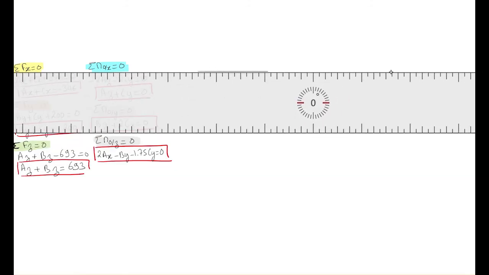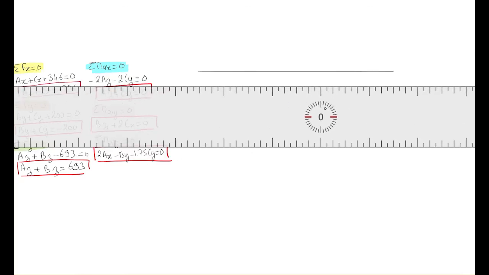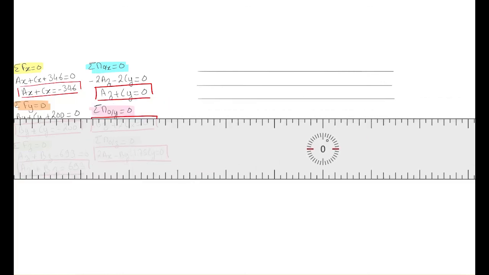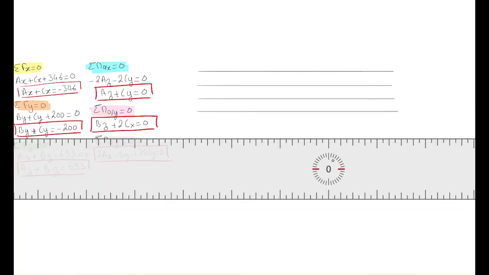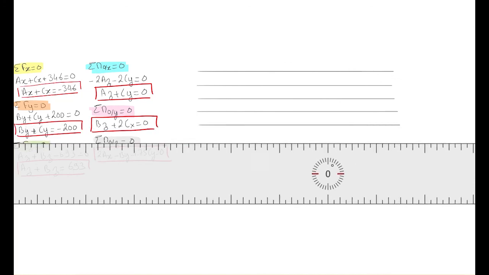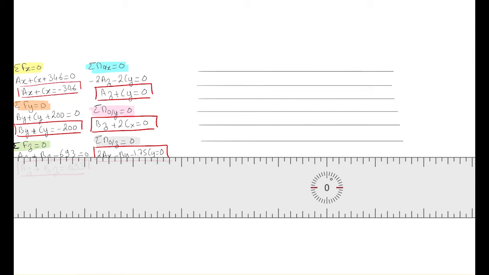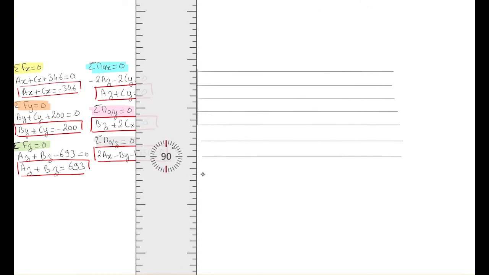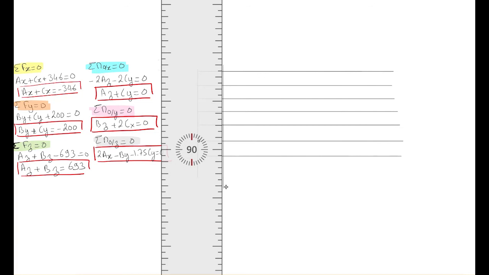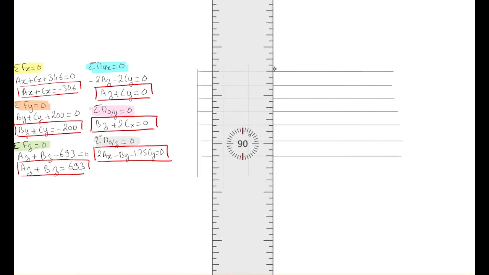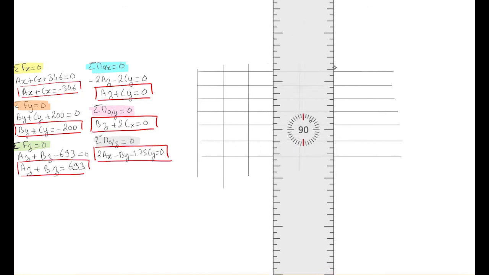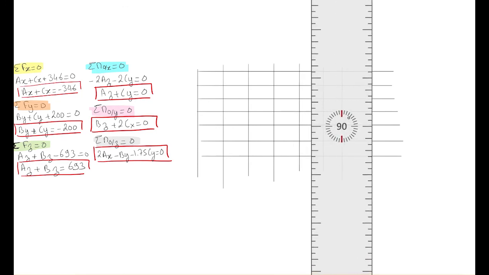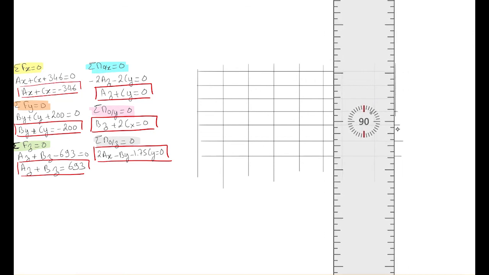So, 1, 2, 3, 4, 5, 6, and something in the other direction, so we will be able to see the matrix correctly. 1, 2, 3, 4, 5, 6, and the 1 with the equal sign to the right.